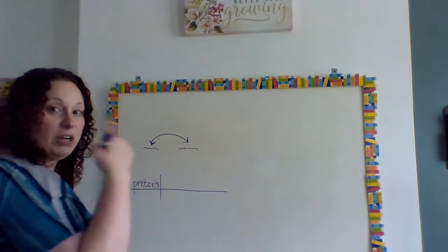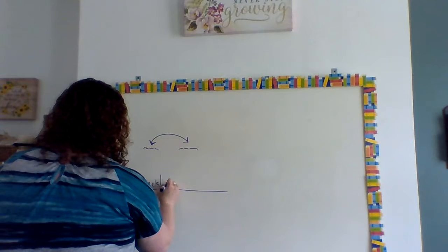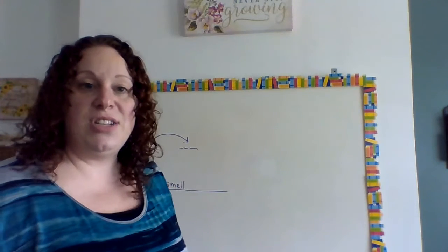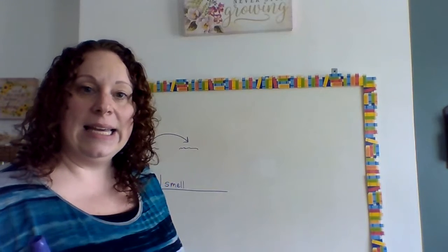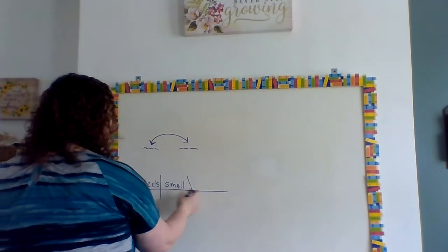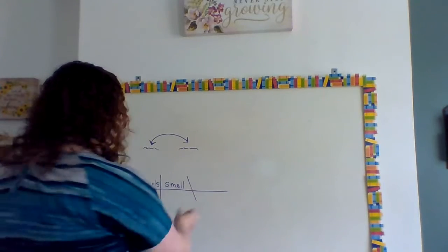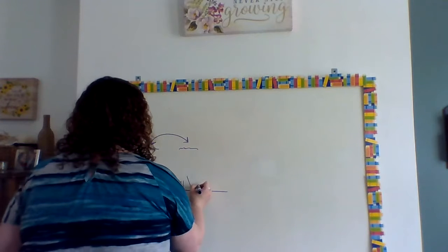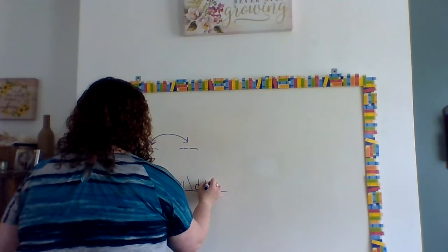The verb would be smell, right? Smell delicious. So we're linking. We're going to draw a slanted line, and really your line shouldn't go through. I just get carried away. And then you're going to write delicious here.